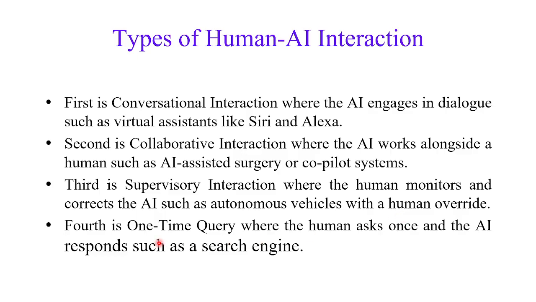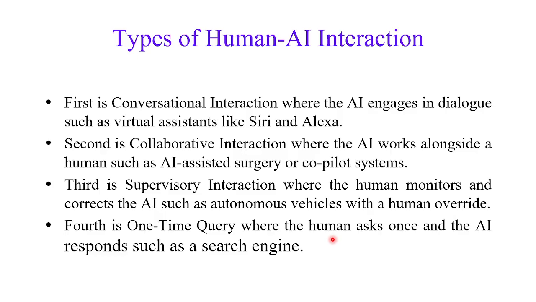The fourth type is one-time query. This is the simplest form where the human asks a question once, and the AI answers. That's the entire interaction. A search engine is a classic example. You type a query, you get a result.